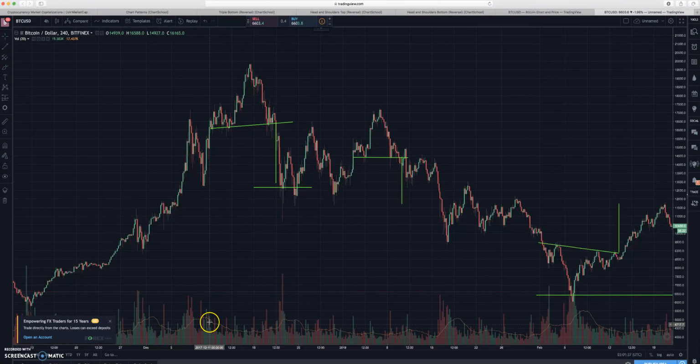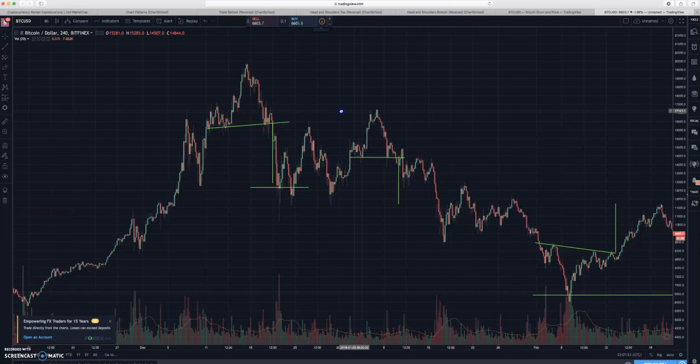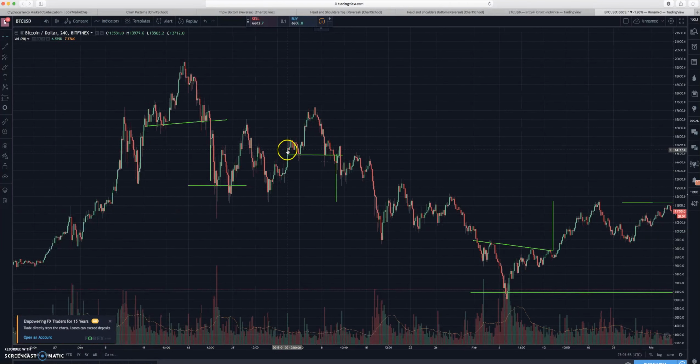Like right in here, you see a ton of this green volume. It's quite a bit larger. And it's not always the case, but if the volume in here is lower than the volume here, that's a good indicator that this head and shoulders pattern may be playing out right now. So we can look at it in here. We had a huge volume spike right in here to start forming our left shoulder.